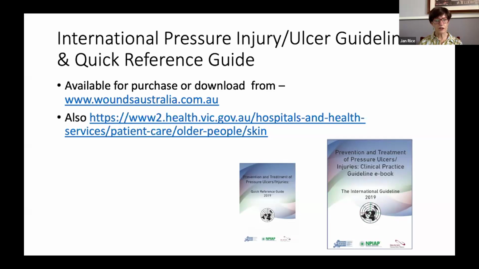What is the language that we're going to use when someone is not eating, is slowly dying from the inside out, and their skin is breaking down despite everybody's best intentions? So that will come up in this meeting that I'm going to be attending later in the year. And so you will probably see a new international pressure injury document come out very soon.